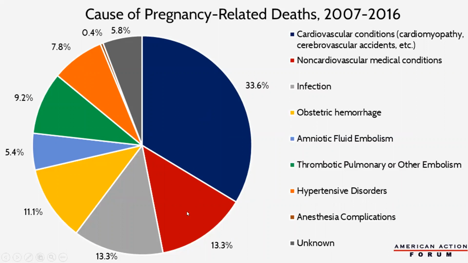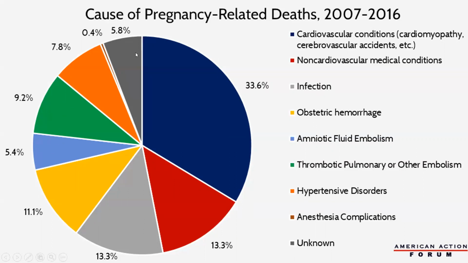Non-cardiac medical conditions here, infection here, obstetric hemorrhage, still 11% of our maternal death. Amniotic fluid embolus, this percentage is definitely up. Thrombotic or other embolisms here, hypertensive disorders here, anesthetic complications, that's one that we don't talk about very much, and then we have our unknown causes.